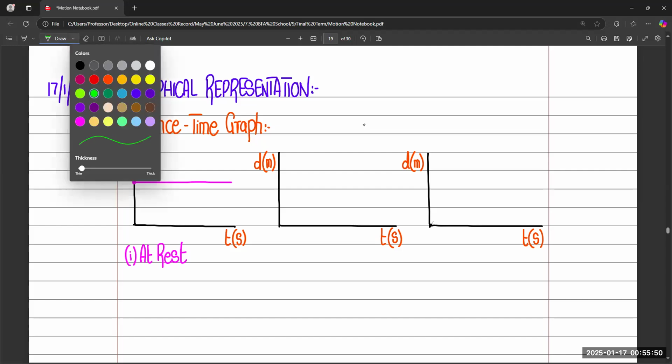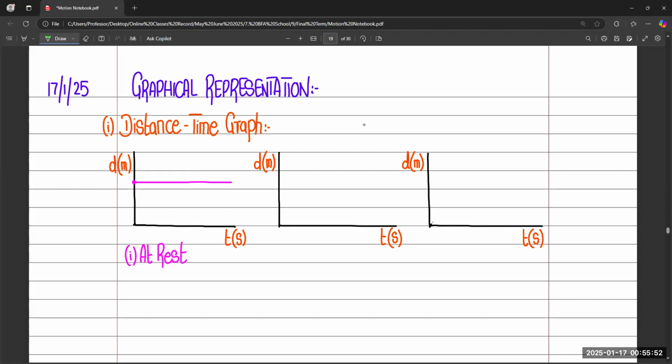Second is for the constant speed. You remember that constant speed means equal distance covered by a body in equal intervals of time. So how to draw the graph for this representation?